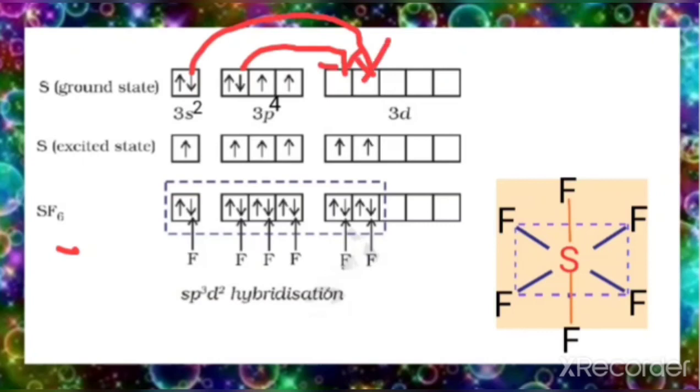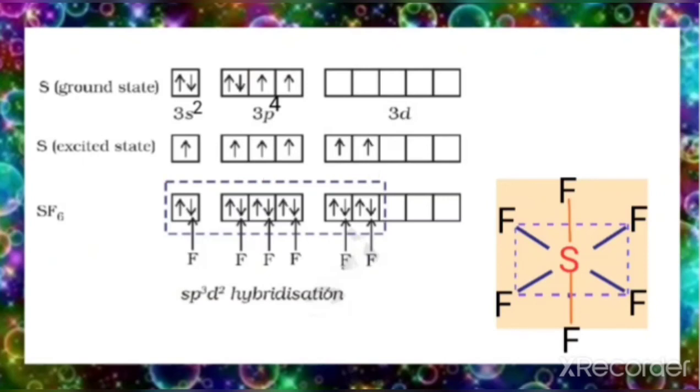So what will be the excited configuration? That will be this one, due to the excitation of a paired electron from 3s and 3p to the vacant 3d. Now in the excited state you can see that there are 6 single electrons.